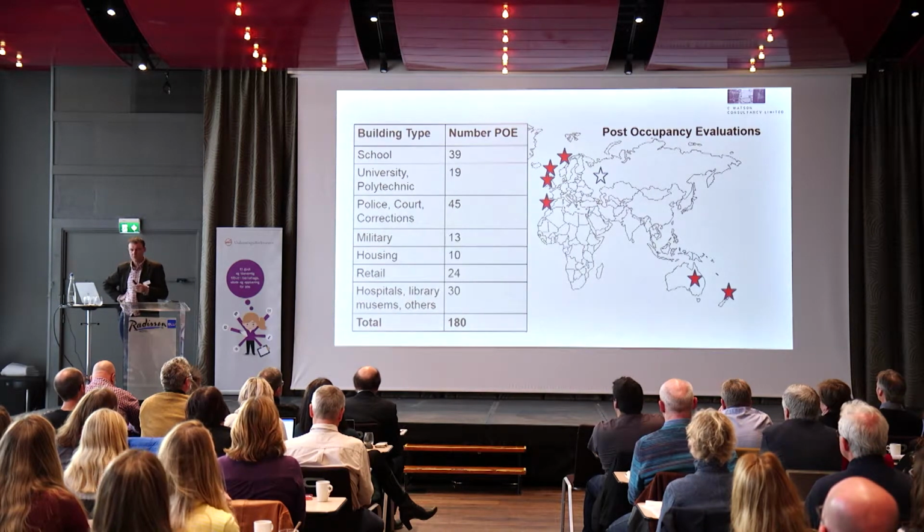And the building types have been about 1/3 education buildings, 1/3 police, courts, corrections and military, and 1/3 others, which include commercial, libraries and hospitals and things like that. But just about every type of public building you can think of we've evaluated.